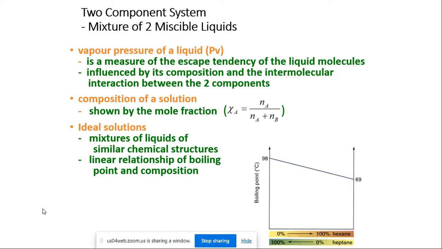So in that case, we have to measure the pressure of the vapor which is touching the liquid. And again, the composition of the solution.